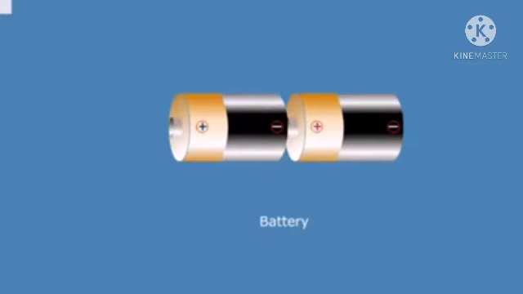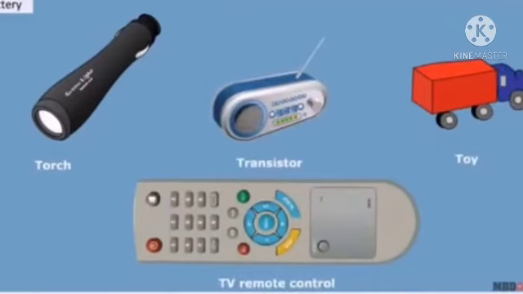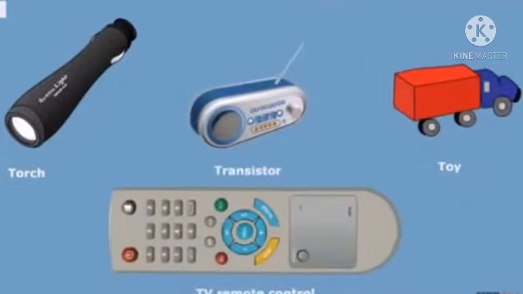In a battery, the positive terminal of one cell is connected to the negative terminal of another cell. Many devices such as torches, transistors, toys and TV remote controls use batteries.